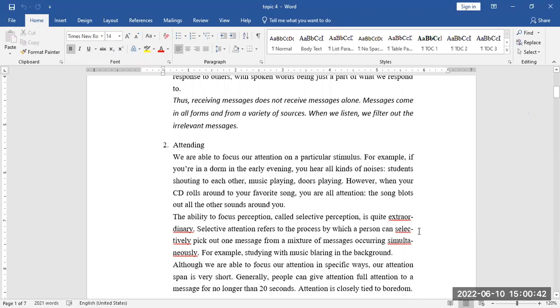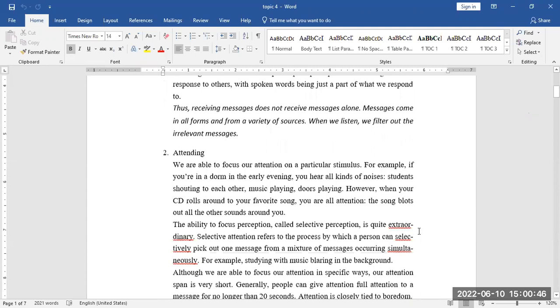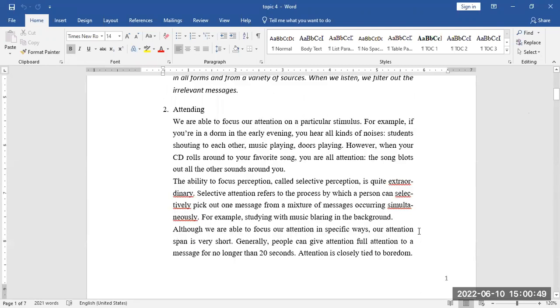Then apart from listening, receiving the message, there is attending to the message. That we are able to focus our attention on a particular stimulus. A stimulus is anything. When you talk about stimulus, it is anything that captures your attention.